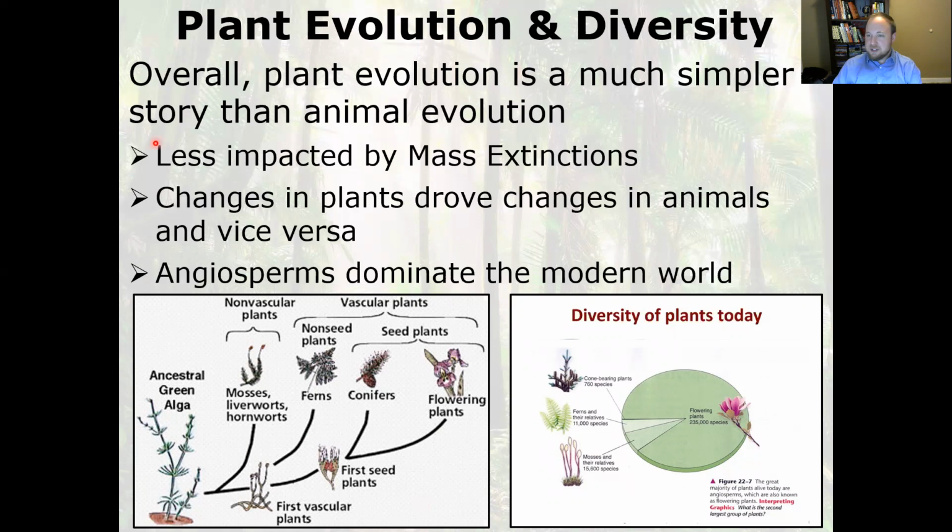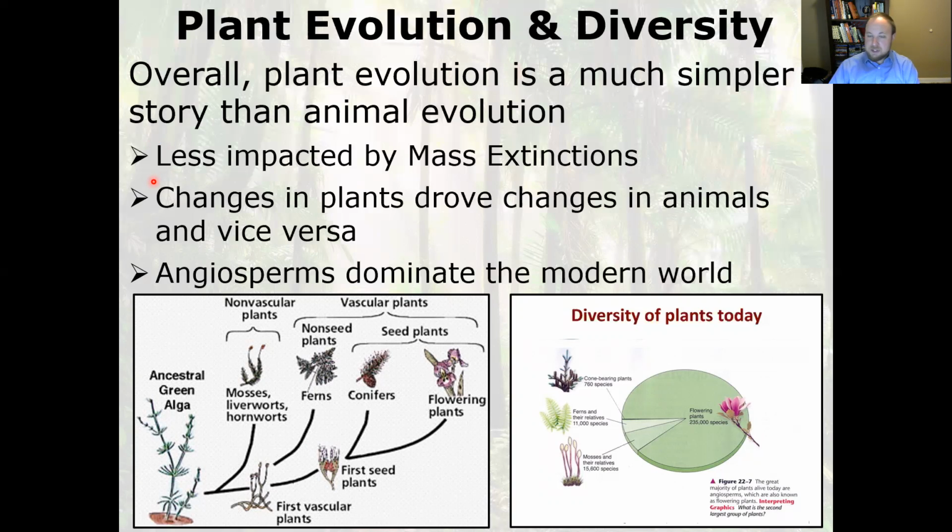Basically, again, overall, the story is that plant life and animal life were a little bit out of sync with each other. The major revolutions in plant life occurred at different times than the major overturns in animal life. But one thing to keep in mind is that changes in plants drove changes in the animals, and also vice versa.